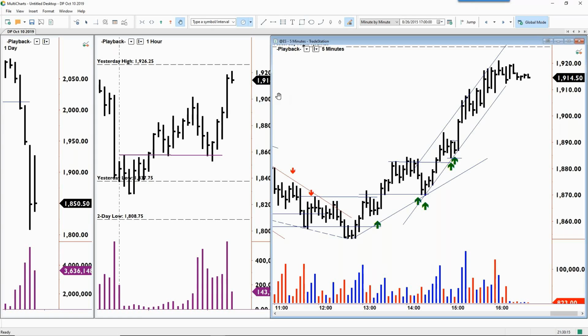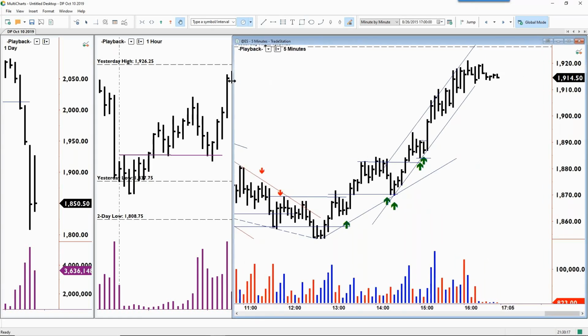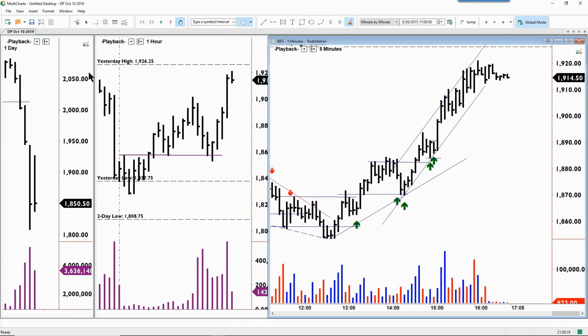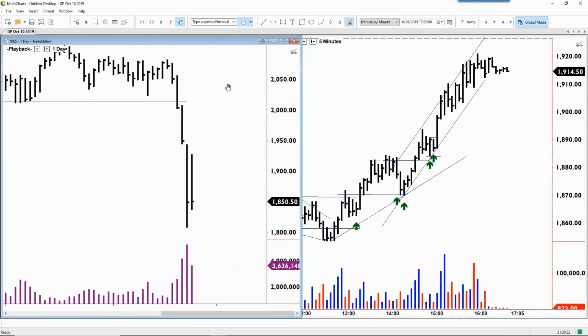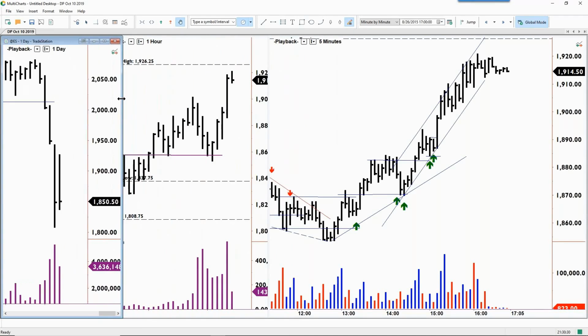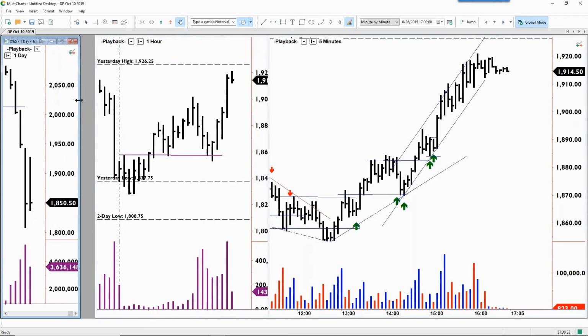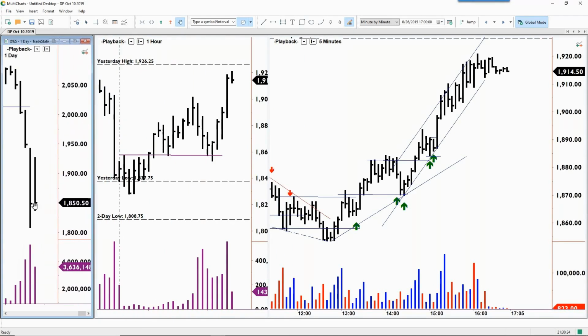So we started off with a crazy looking chart where most normal people would think, God, this is going to just bore a hole right through the ground and go to the other side of the world. But we noticed an inside bar and lower volume and holding up there.